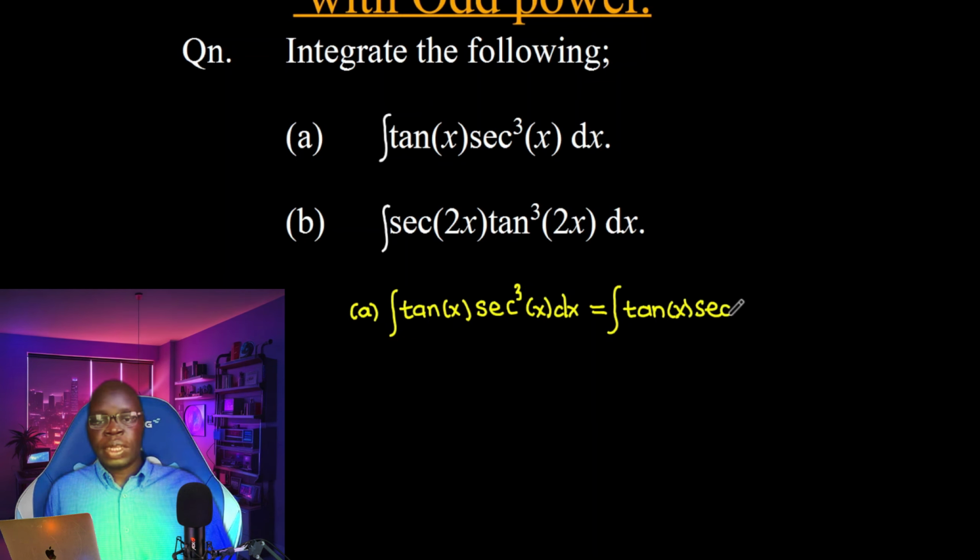Now here we're splitting our secant. So the first one is secant x and secant to the power of 2 of also x with respect to x. Here, this secant is to the power 1, and since we're multiplying with the same base, we add the powers back to 3.